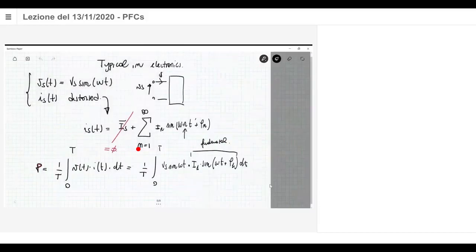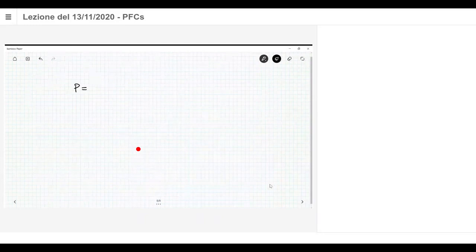So also in this case, the power is the root mean square value of the voltage Vs multiplied by the root mean square value of the fundamental of the current, and then you have cosine of phi1.